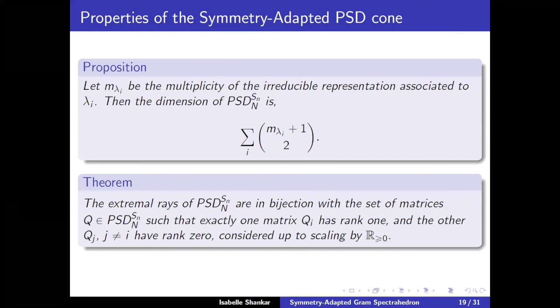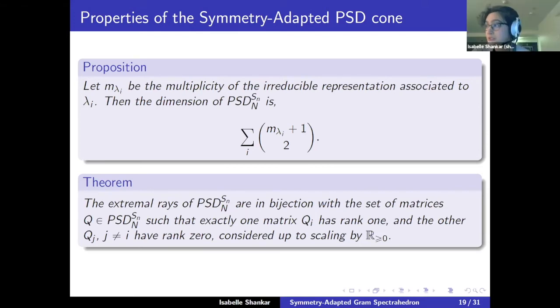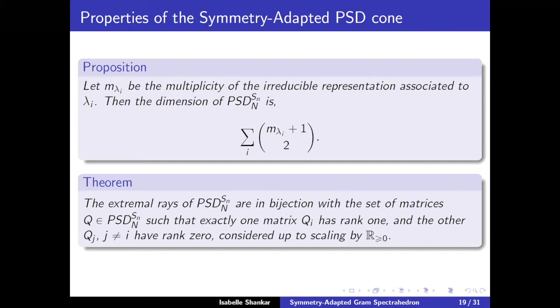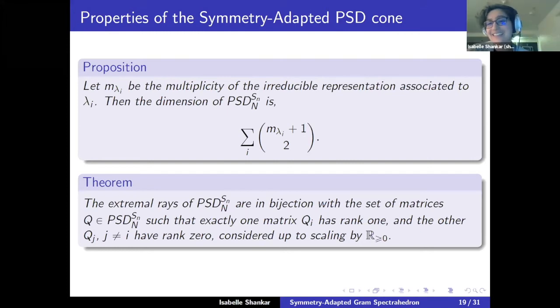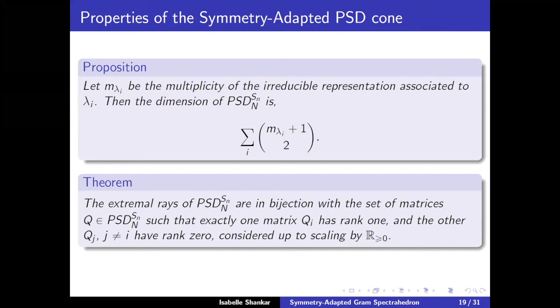So does that mean you can use any Qi, or is there some restriction on the Qi? Well, we do need it to be positive semidefinite. Aside from that, not really. Okay. So every extreme ray of some low-dimensional PSD cone will appear. Yes, exactly. So we get these PSD cones of size equal to the multiplicity. Okay. Thank you.